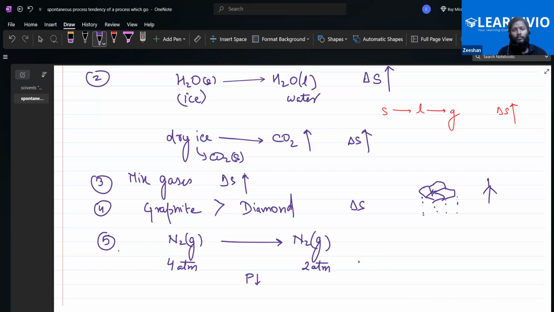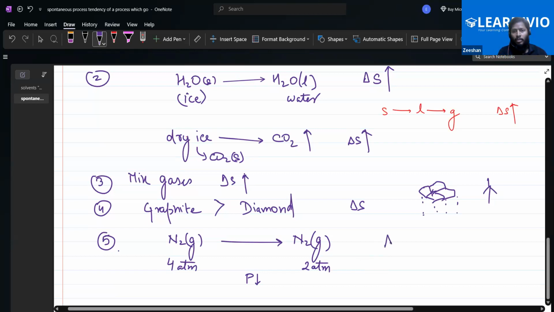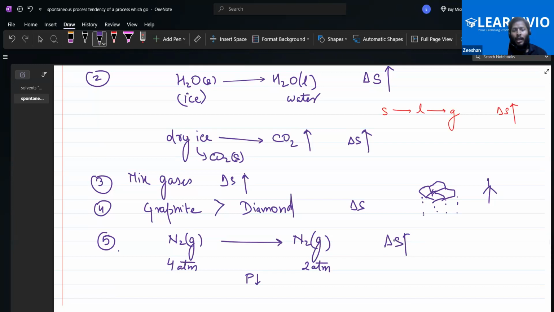Everybody got the correct answer. Why? As the pressure decreased, the molecules have more space to go here and there, and thus randomness increased. Simple, right?